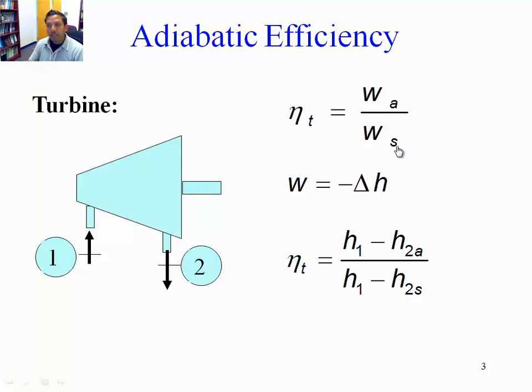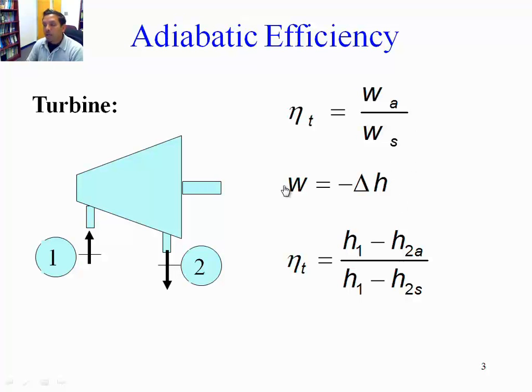Well, assuming that the turbine operates adiabatically no matter what. Remember that if it operates adiabatic and reversibly, meaning ideal, it would actually produce more work than what it actually does. So what would be the work that a turbine would produce if it's adiabatic and reversible, as opposed to what it would produce if it were just adiabatic but not reversible?